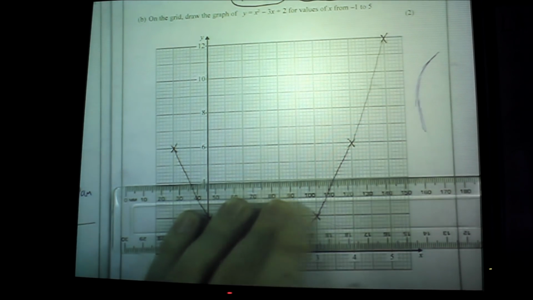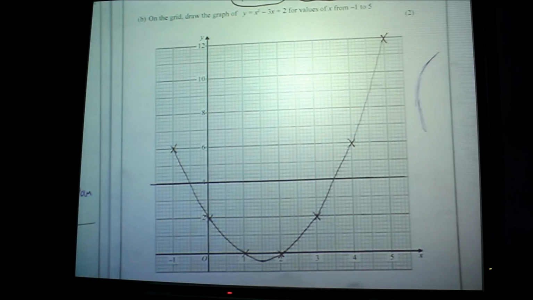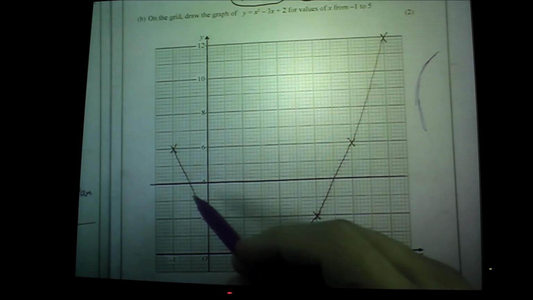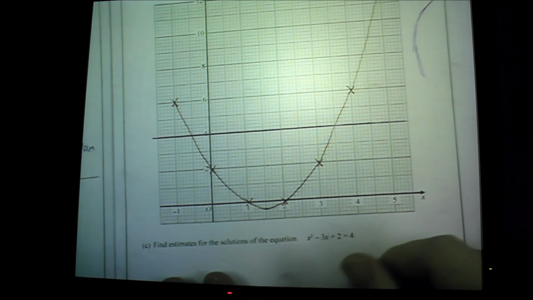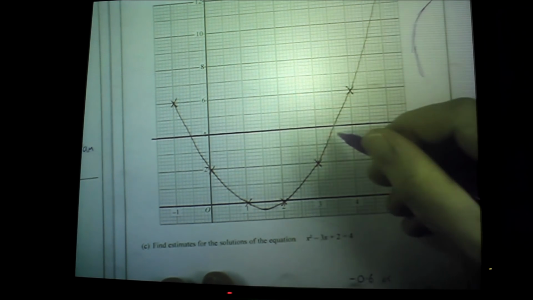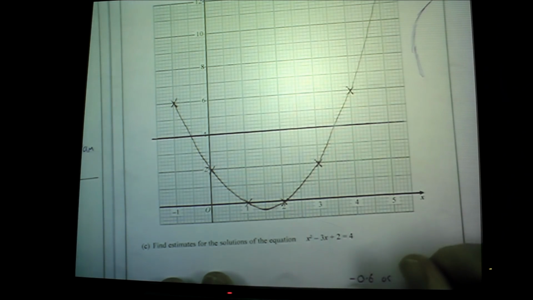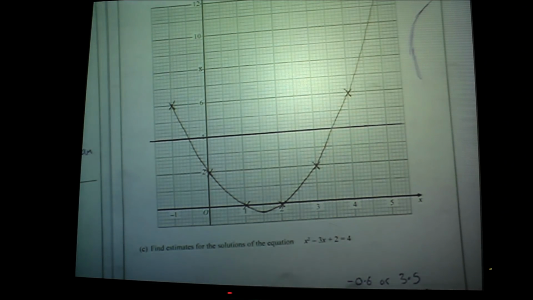So there we go. And it's where it crosses the line. So the answers are, that is minus, I'd say, around 0.6. So minus 0.6 or 3.5. So those answers are good enough for that.